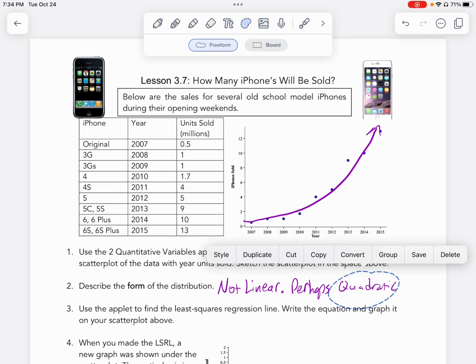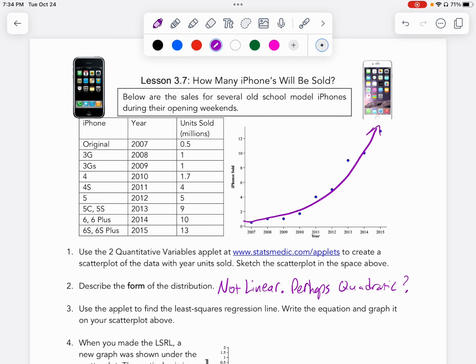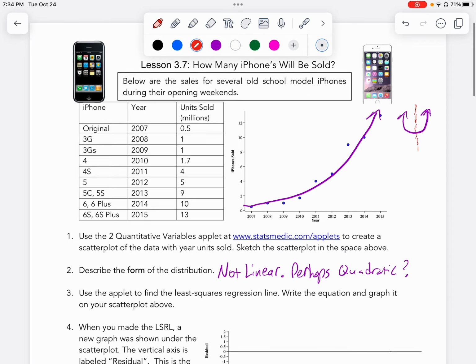Perhaps quadratic, question mark? You know, quadratics are parabolas, and to me, it looks like the right side of a parabola, the right half of a parabola.